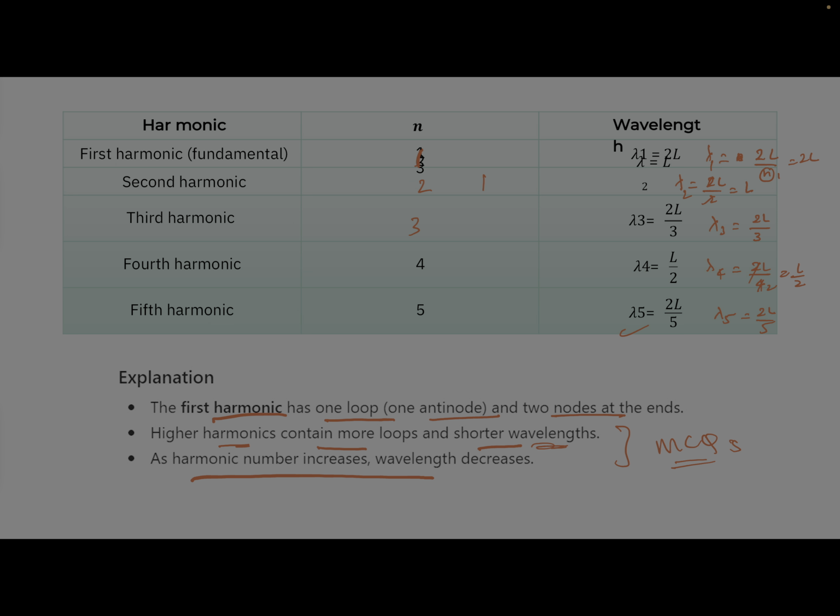Look, as you increase the harmonics, wavelengths get shorter. It was 2L before, then it becomes L, then 2 by 3 L, then half, then 2 by 5. So the wavelength is decreasing as the harmonic number increases, correct?